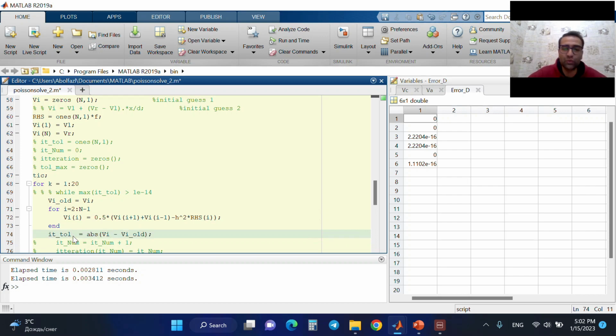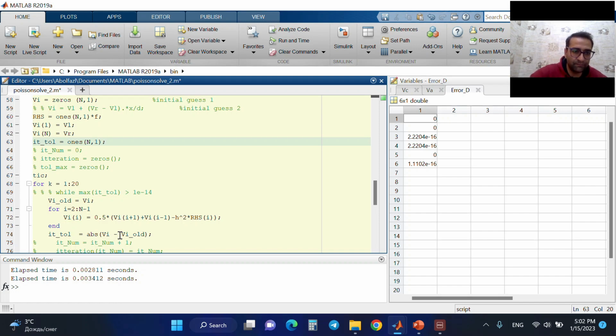But I need to save all the differences of vi and vi old at all the 6 points. Therefore, here I need to define some matrix, iteration tolerance, 1 and 1. It says that it will be 6, 1, right? And it will save the difference of vi and vi old at each grid point.